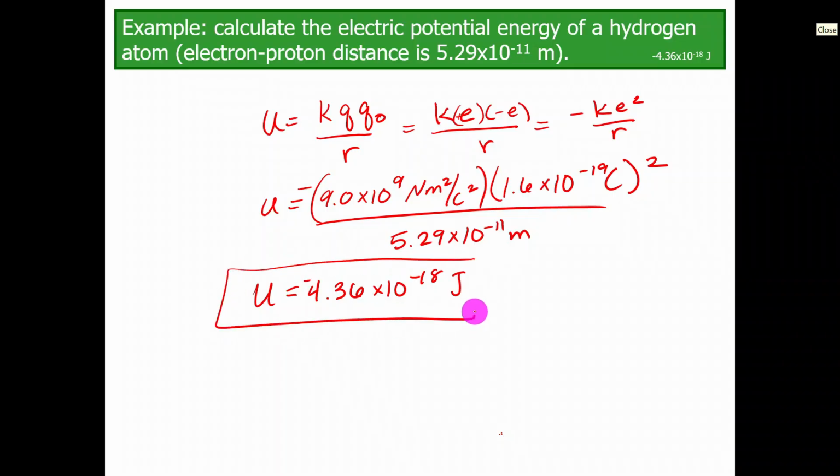I need to make sure I got that negative there. So this is a negative potential energy because when we looked at that chart, when we have opposite charges, our potential energy is always going to be negative. We can never have a positive amount of potential energy. The biggest potential energy we can have is 0 for oppositely charged particles.